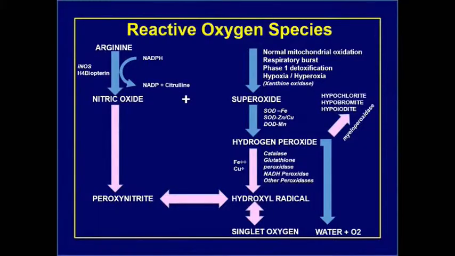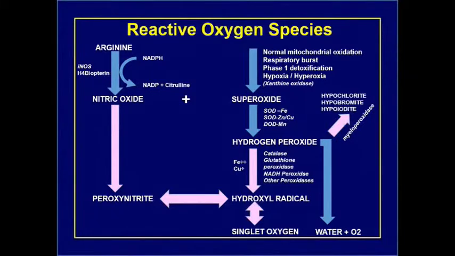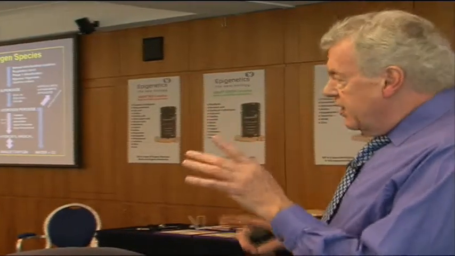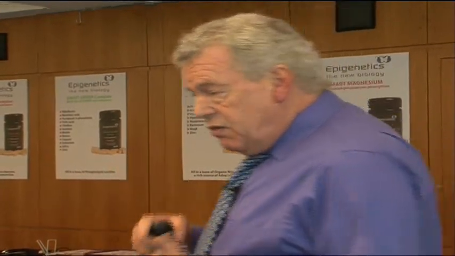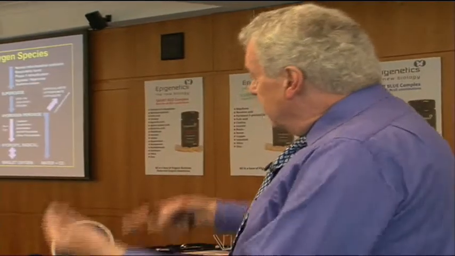We increase it during phase 1 detoxification. So for every molecule of a toxin or a xenobiotic that we detoxify in the body, we produce 1 molecule of superoxide. This is why people who live in toxic environments age much quicker. When you go to a real toxic environment, people look 10, 20 years older than what they actually are.